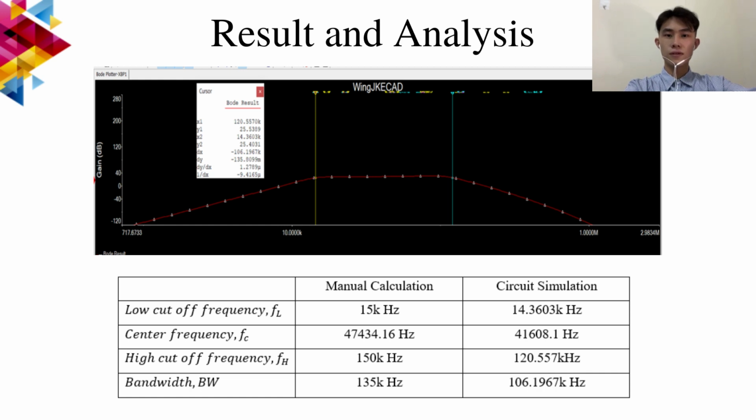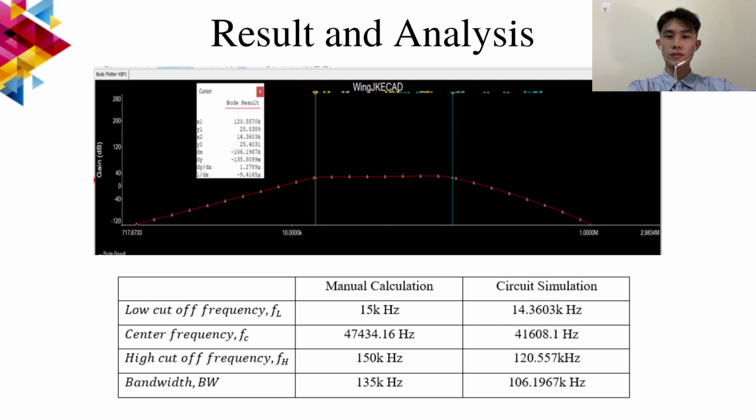For the center frequency, the calculated value is 47434.616 Hz, while the simulated value is 41608.1 Hz. For the bandwidth, the calculated value is 135 kHz, while the simulated value is 106.1967 kHz.